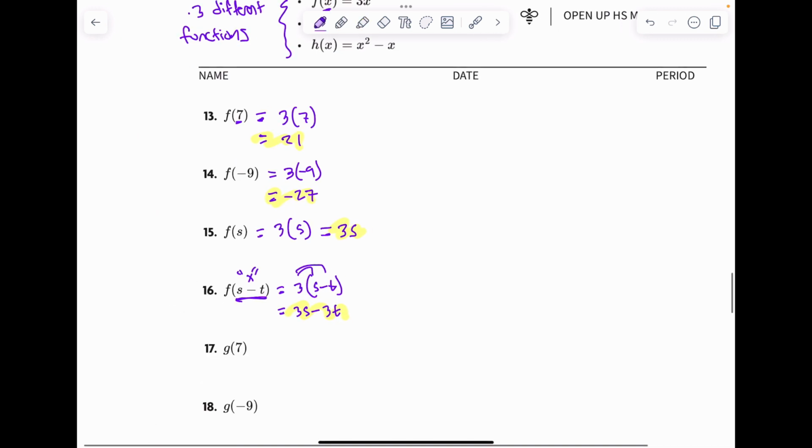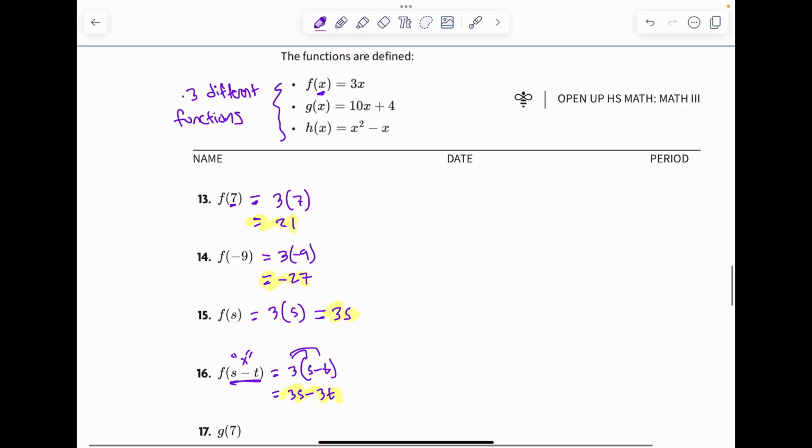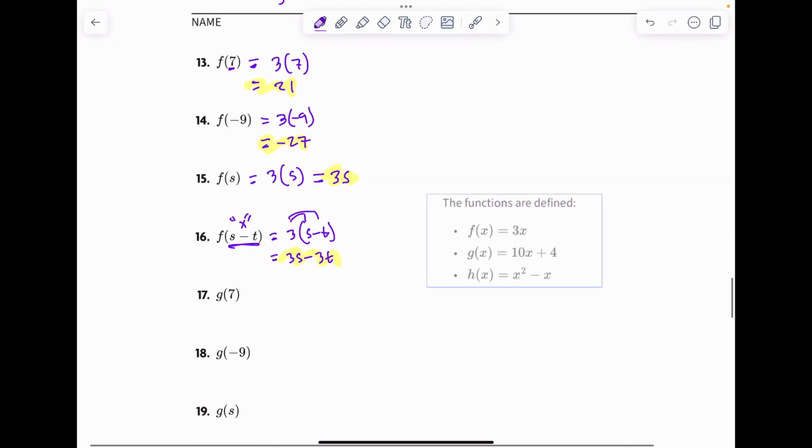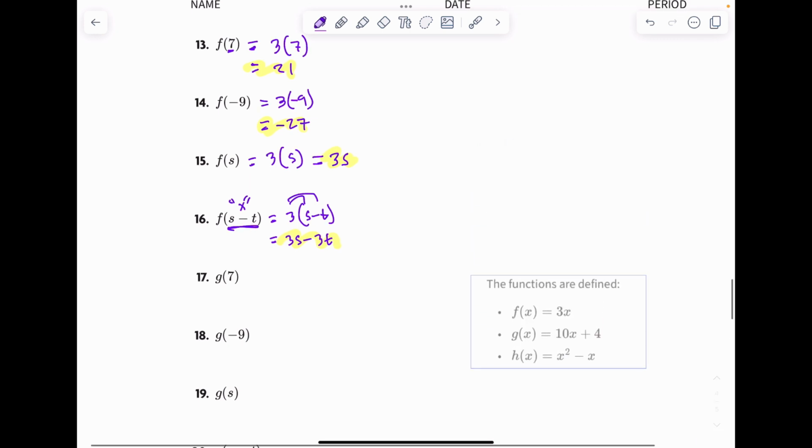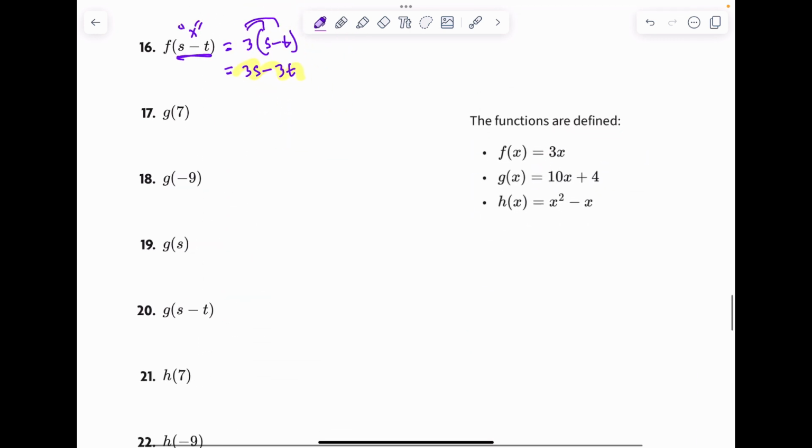Now we're talking about g. I'm going to paste this again because I already forgot them, right? Let's think about g of 7. I'm not going to plug it into f because I don't need that. I'm talking about function g, so I don't care about h either right now.